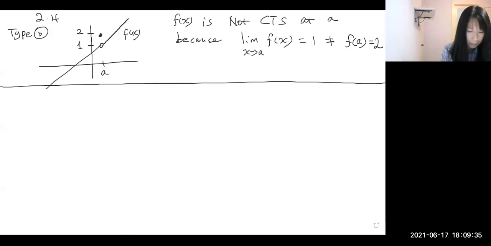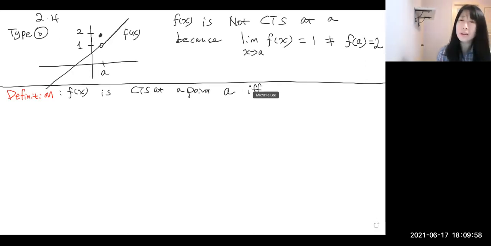Okay, let me write down the definition of continuous. A function f of x is continuous at a point a if and only if. Let me denote iff means if and only if, okay?